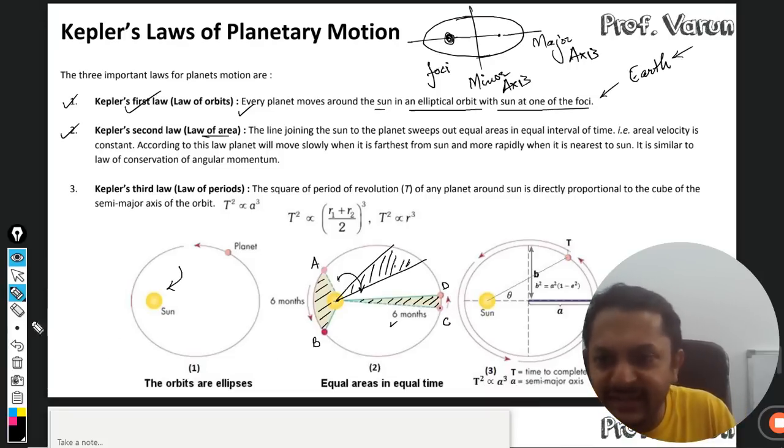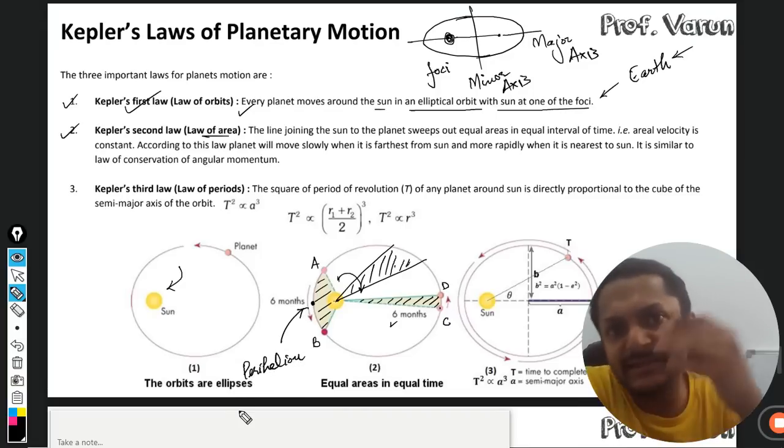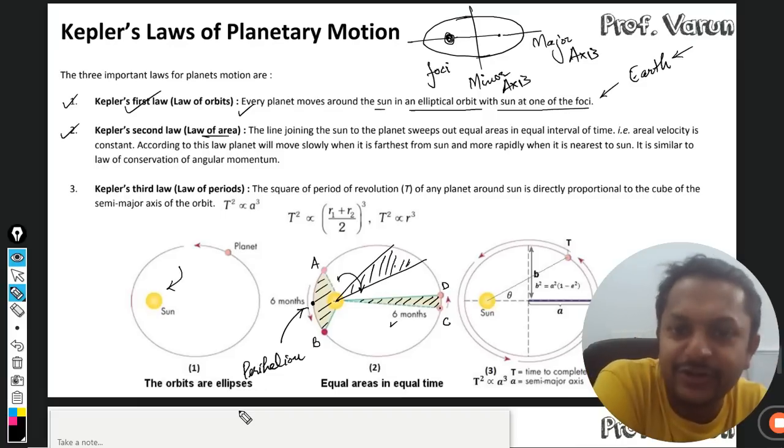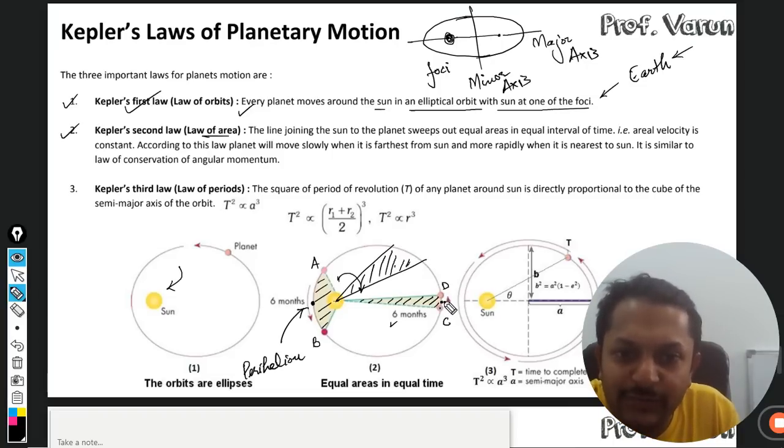Okay, what else I can tell you here? This point, the nearest point to the sun, is given a name, perihelion. Perihelion is the point which is near to the sun, and the point which is away from the sun is called aphelion.